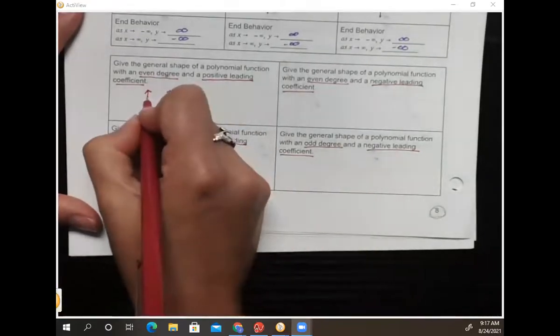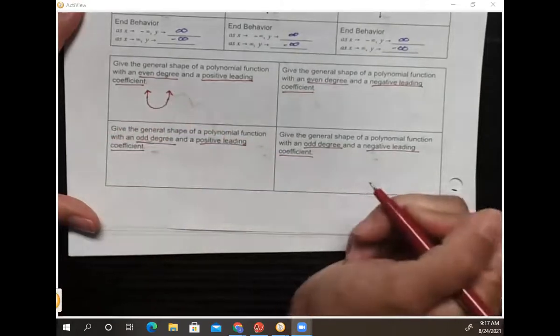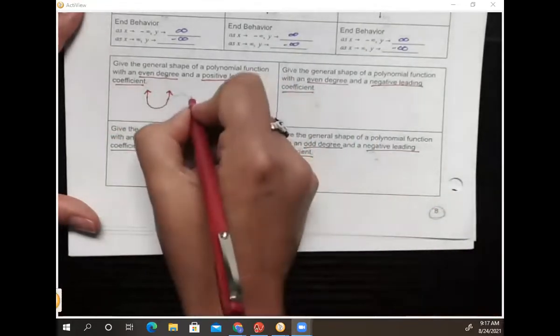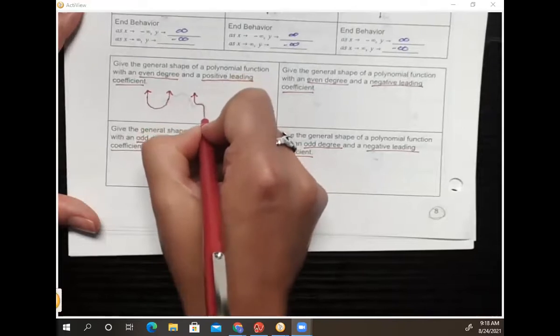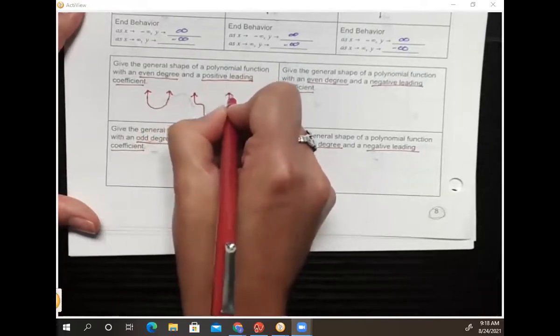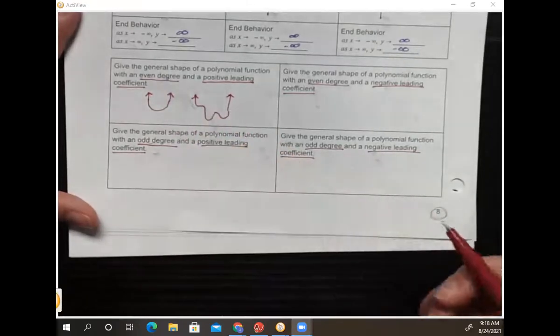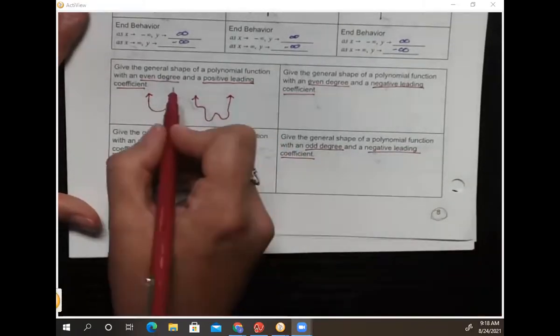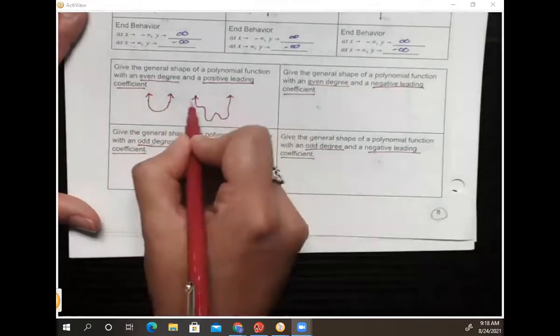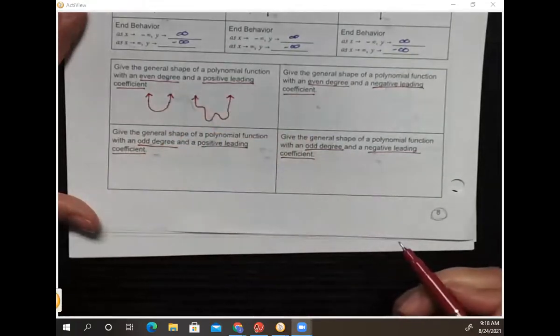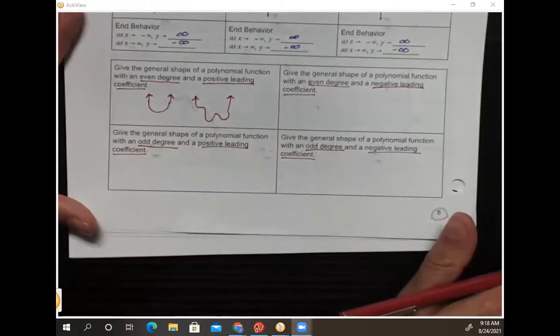Now you may have nothing crazy that happens in between those two ends, or you may have all sorts of bumps and wiggles and dips and weird stuff that happens in between. But the big idea is that the ends both go up. Remember, for end behavior, we're just focused on what the ends of that graph do.